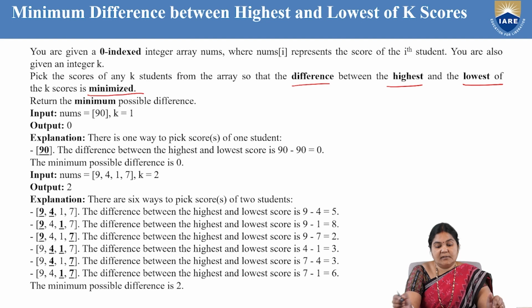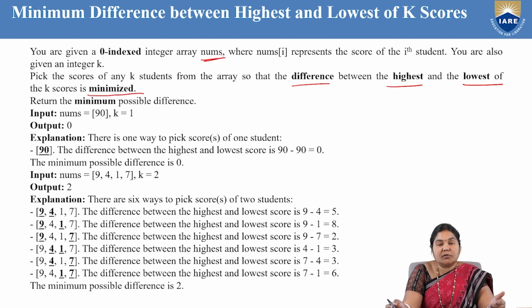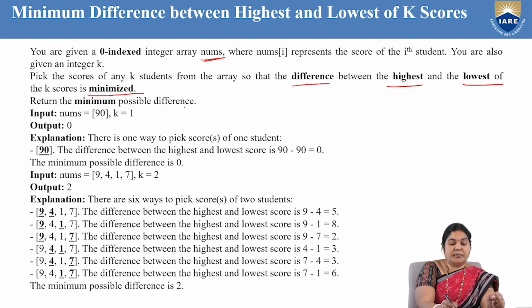That means the nums array contains scores of each student. If you find the highest score and the lowest score of a particular subarray, the difference between the scores should be minimized. Return the minimum possible score.